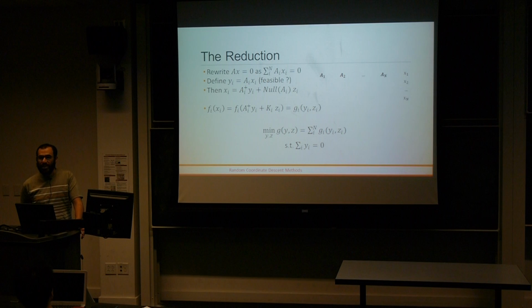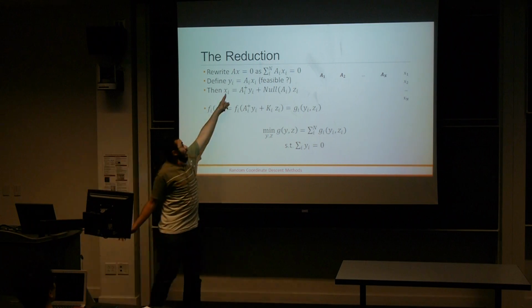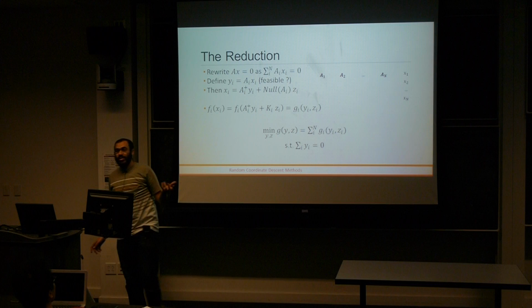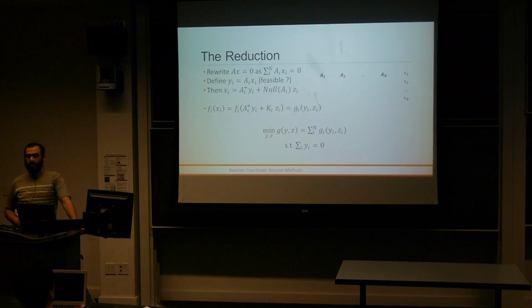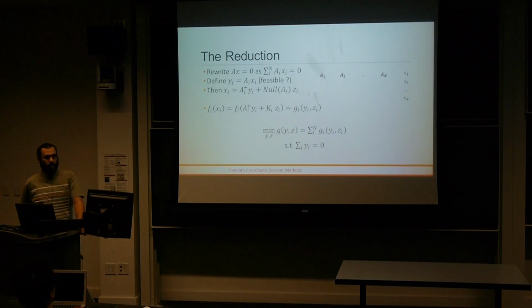Yes, that would be the case, but that case will most probably violate our assumption that yi equals ai xi must be feasible, because it will be an over-constrained system of equations.